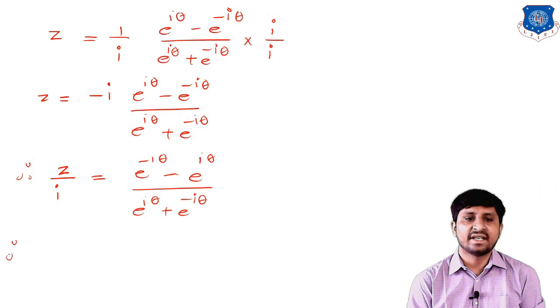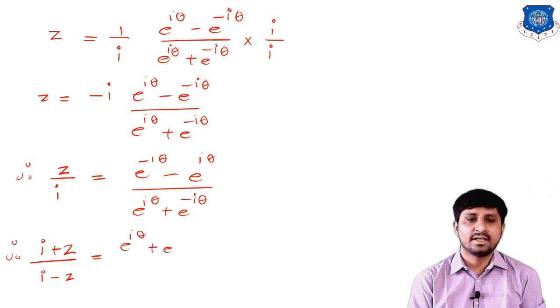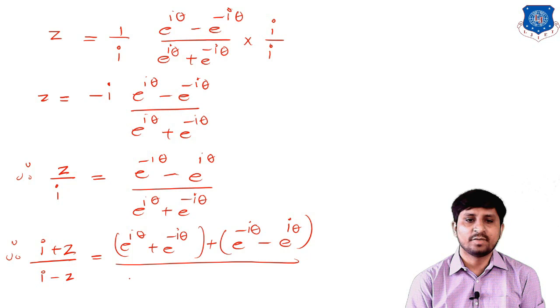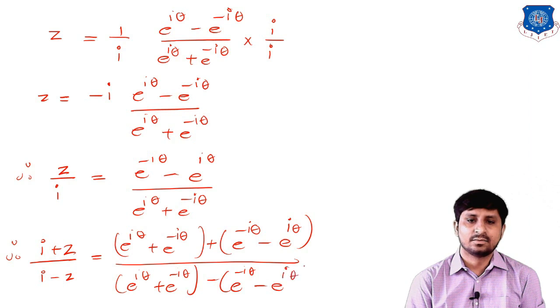On the left hand side we have i plus z upon i minus z, which is equal to, on the right hand side, e raised to i theta plus e raised to minus i theta plus e raised to minus i theta minus e raised to i theta, and in the denominator e raised to i theta plus e raised to minus i theta minus e raised to minus i theta minus e raised to i theta.